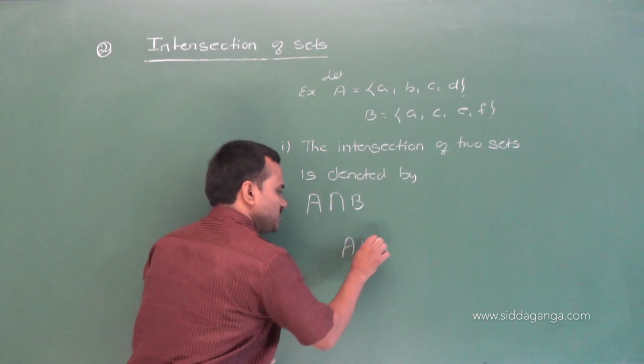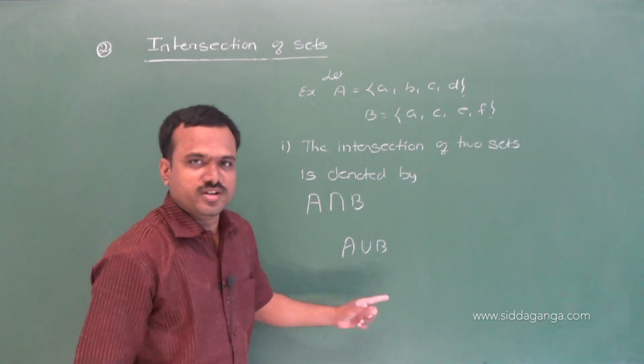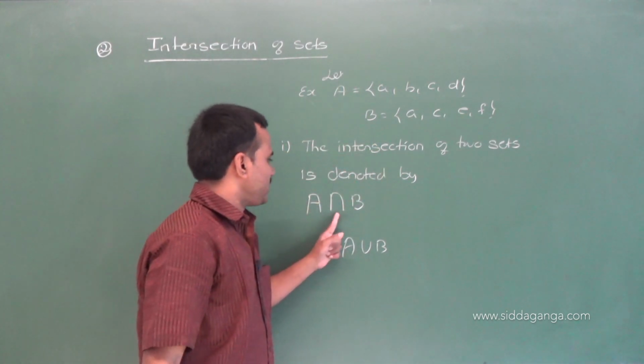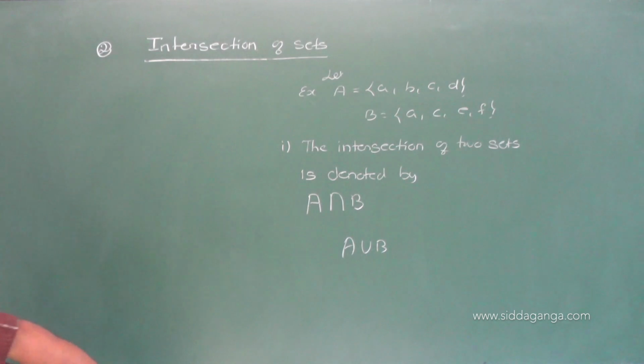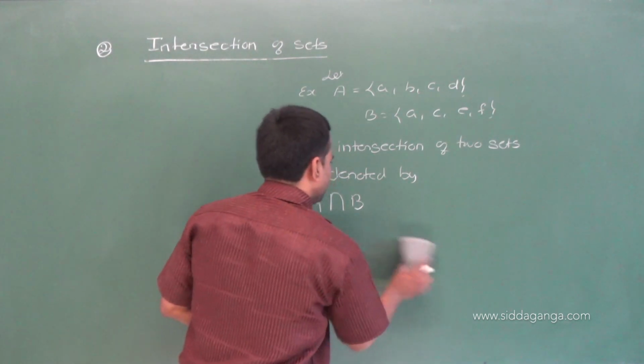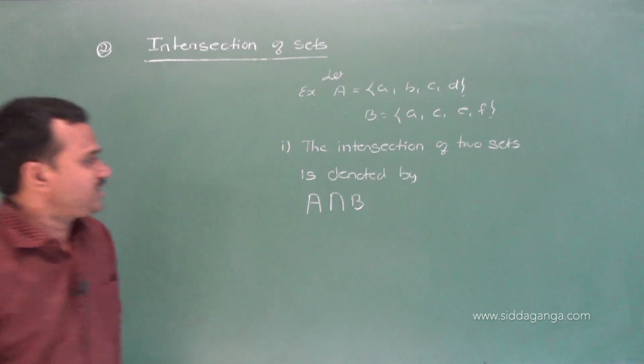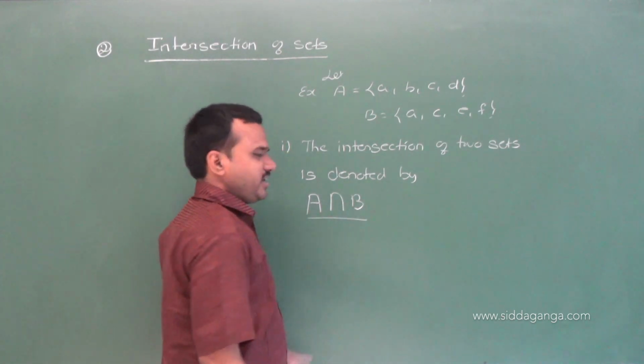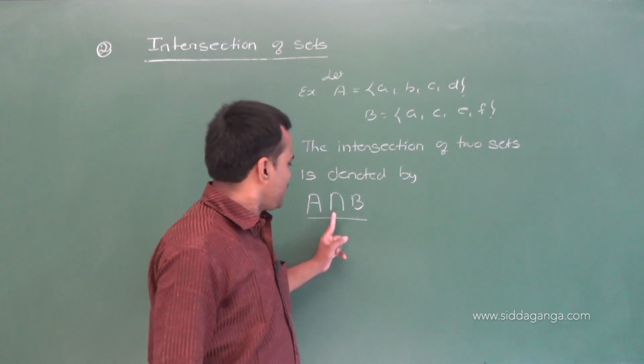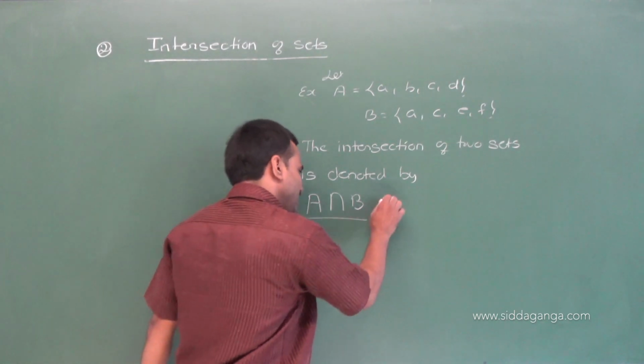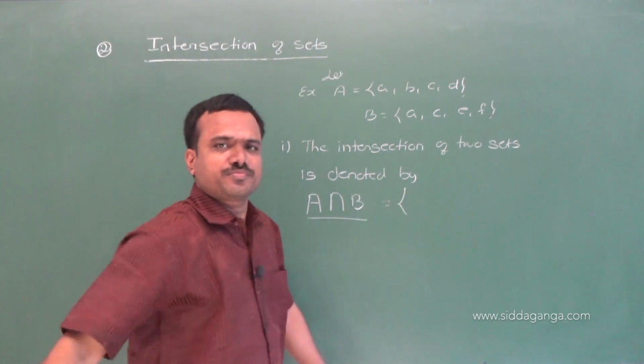If I write it like this, it is union. If you write it upside down, it is A intersection B. This is very important. Intersection of two sets is denoted by A intersection B. It is also a set.